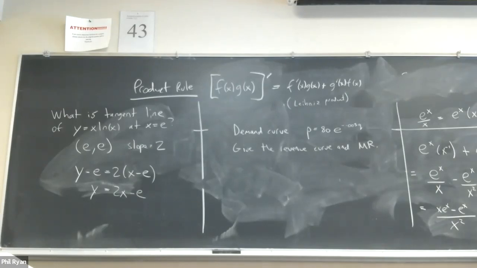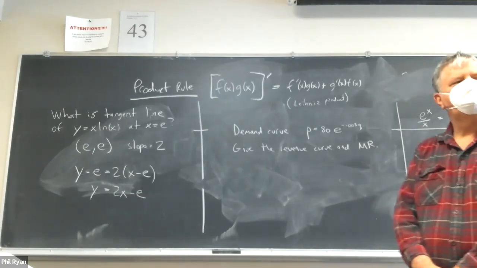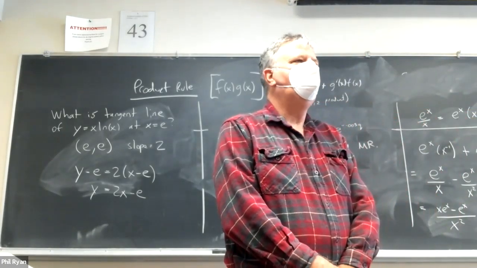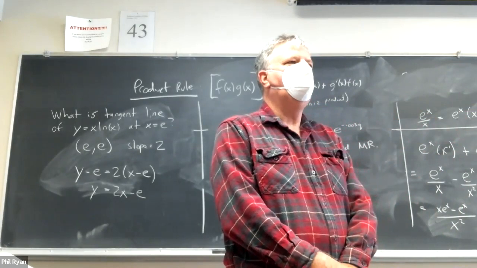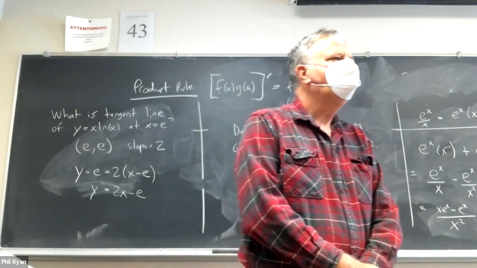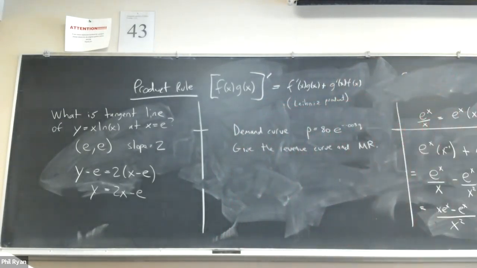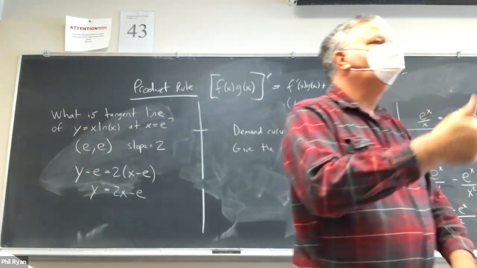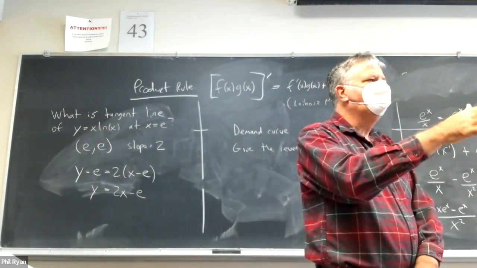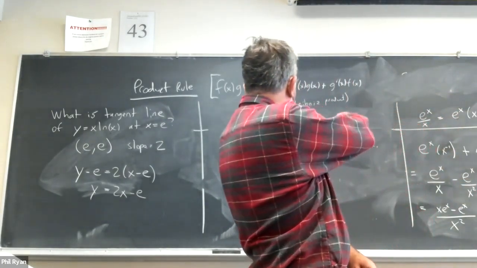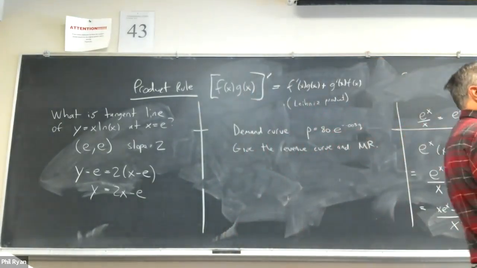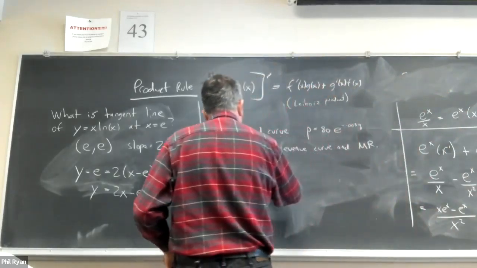Can someone give me a formula for revenue? You're selling a good, so how much money you get depends on two things. What two things are those? Profit plus cost? Well, yeah, that's true, but that's not going to help us in this situation. We haven't got anything to do with profit. Is it price times quantity? Price times quantity, yes.